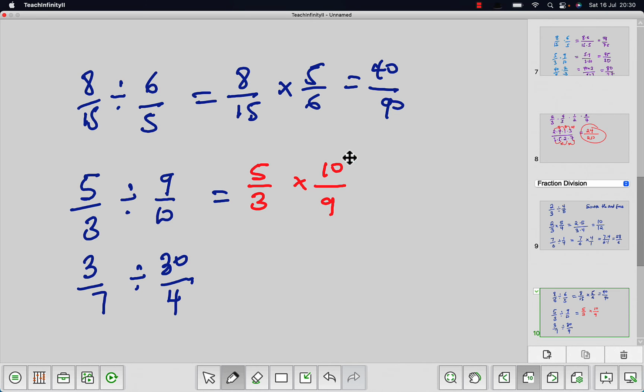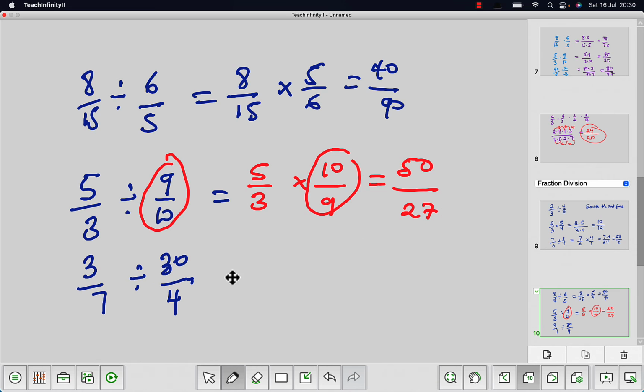What we just did is switch the second fraction, 9 over 10 to 10 over 9. Then we multiply the numerators, 5 times 10 is 50, 3 times 9 is 27. And here, we're going to have 3 over 7 times 4 over 30. Again, we just switch the second fraction, reciprocation, and that will give me 12 over 210.